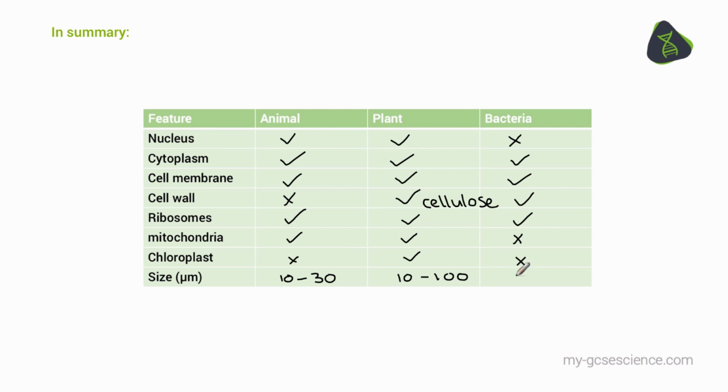Bacteria are very small. In fact, you're looking at an average of about 1 micrometer in length for a bacterial cell, which is tiny. Bacteria can infect plant cells and animal cells, being much smaller, and comparatively, a plant cell could be up to 100 times bigger than a bacterial cell.